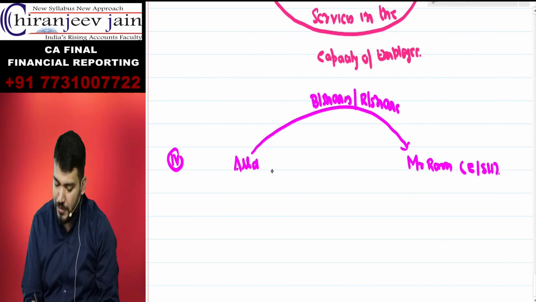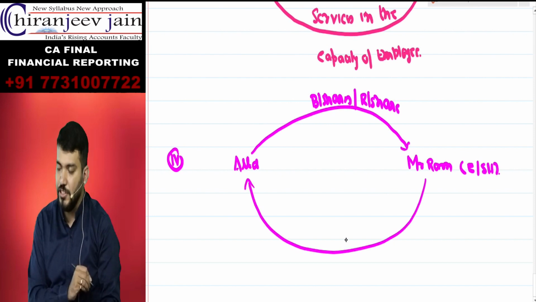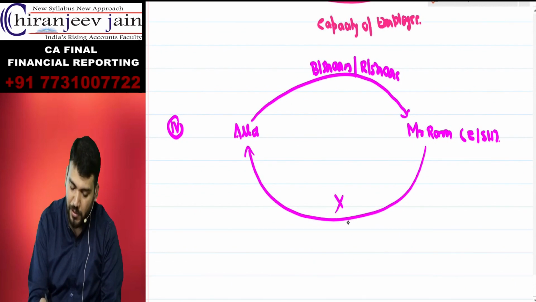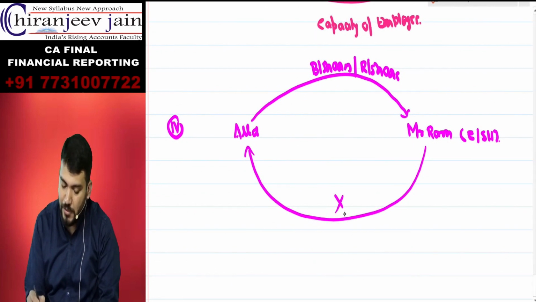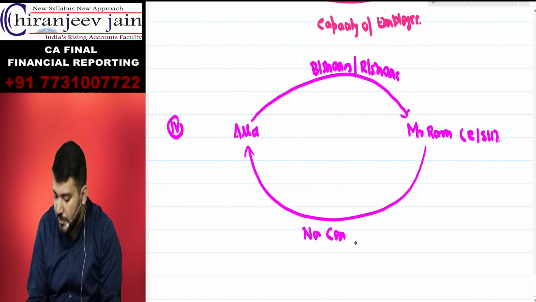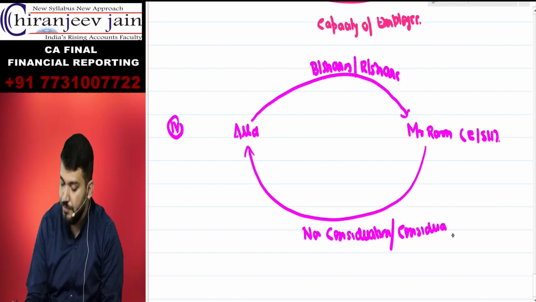Are you getting what I am saying? But there is no consideration, or there may be consideration for right shares. There may be either bonus shares, no consideration, and for right shares, there may be consideration. But whether it will be included?